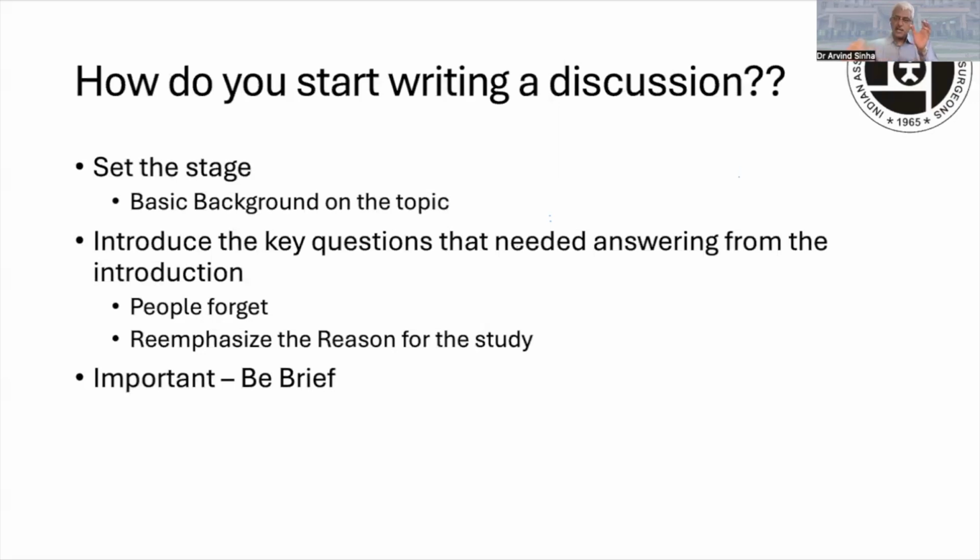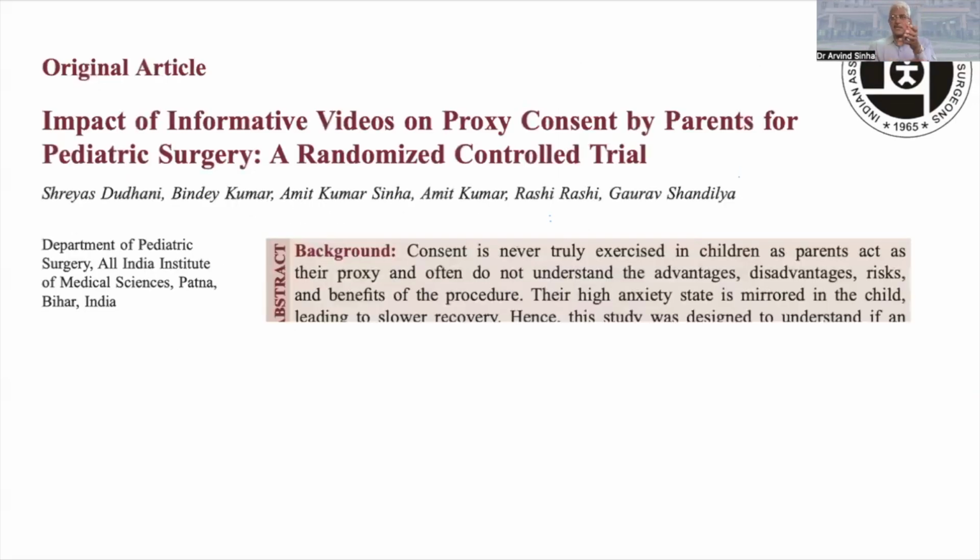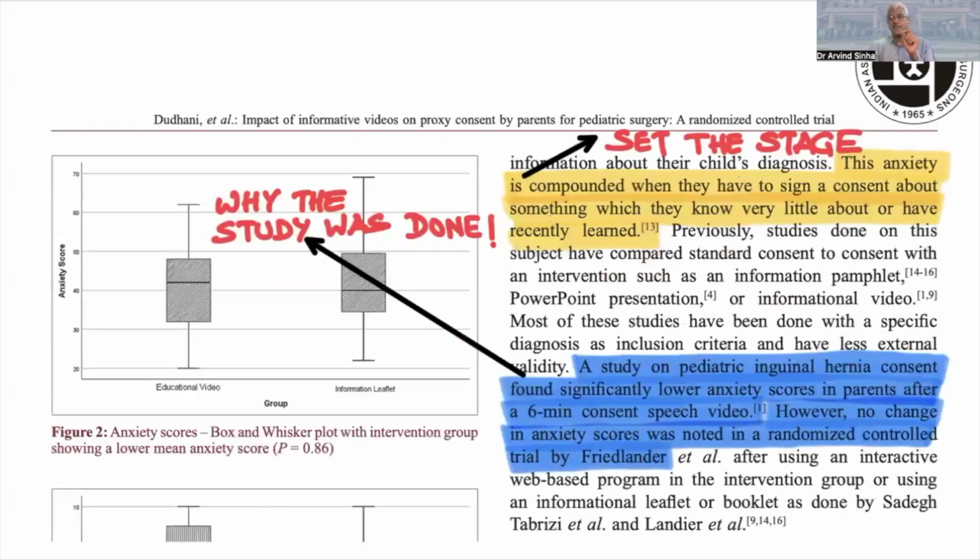As an example, I just went through the latest JIPS article by Ames Patna about informative videos for proxy consent by parents, right? The first paragraph itself says, this anxiety is compounded when you have to sign consent about something which you know very little about or have recently learned.